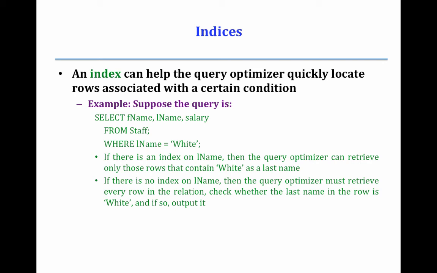It would just go to the index, knowing that the index had every salary for each staff person in the organization. It would simply add up all the salaries in the index and divide them by the number of entries in the index. So a clever query optimizer can sometimes solve an aggregate query just using indices and will not even have to go to the underlying database, to the stored base relations.